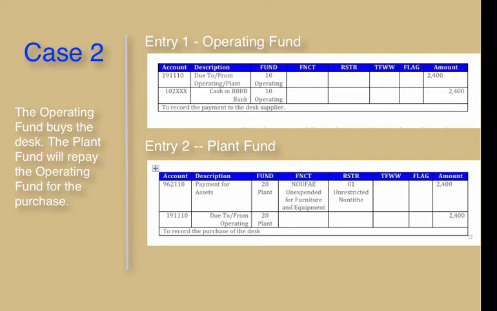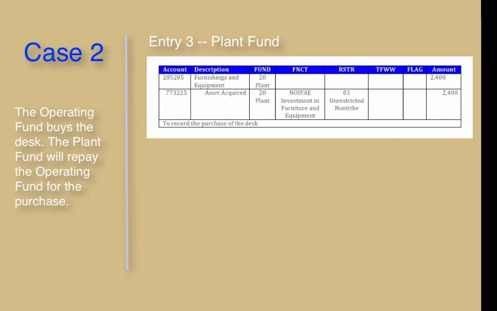We need to make another entry in the plant fund. This time we're going to debit the account 205205, which is the furnishings and equipment account, with an analysis code of Fund 20. The credit side will go to 773225, the asset acquired account.